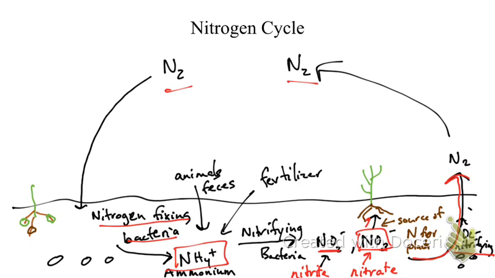What happens though is when some of this fertilizer or feces runs off into the ocean or rivers, it causes an algae bloom, because nitrogen is so necessary for plant growth and algae growth. And you have this huge algae bloom, and the algae takes up a lot of the oxygen, and so you end up with a dead zone.